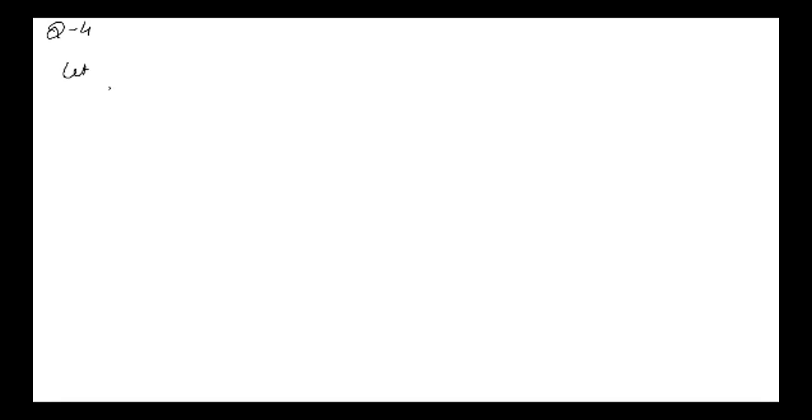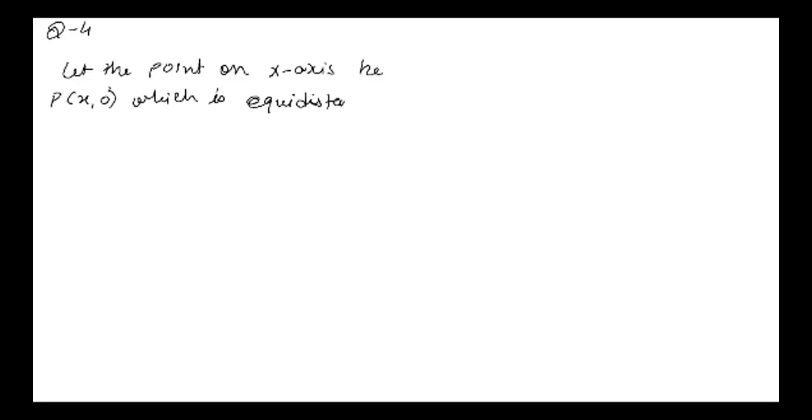So we will assume the point on the x-axis to be P (x, 0), which is equidistant from points A (7, 6) and B (3, 4).